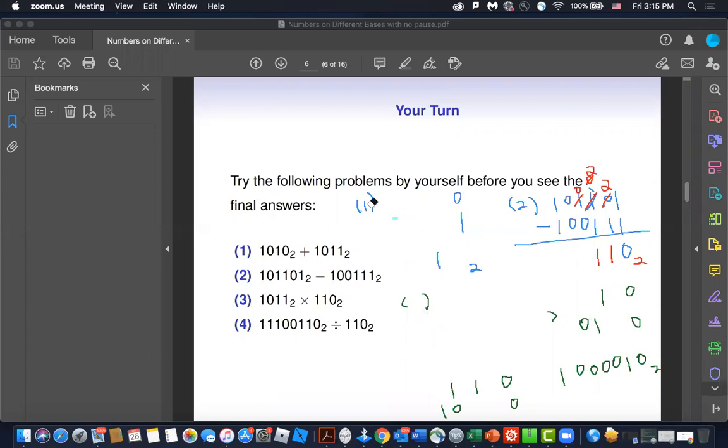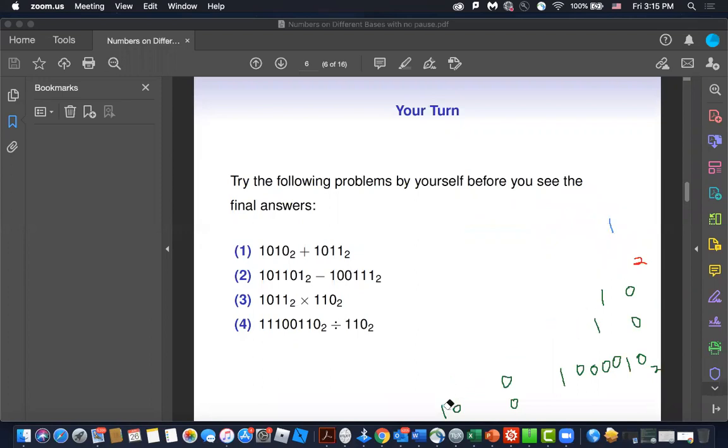Doing division. Okay, so let's see. 1, 1, 1, 0, 0, 1, 1, 0, 0, 0, 1, 1, 0.